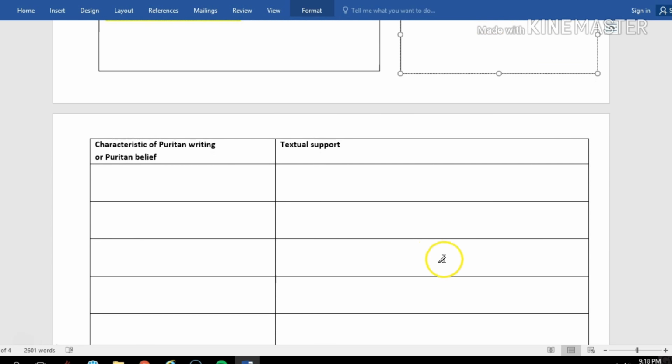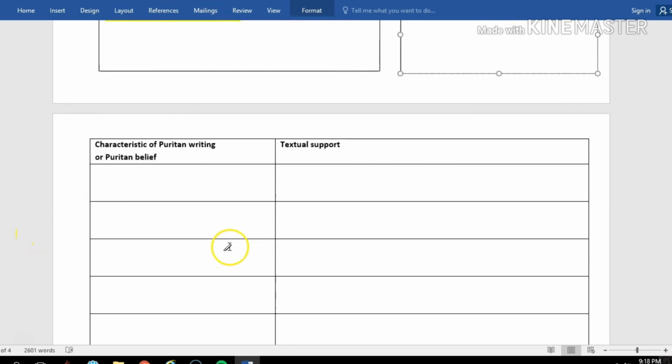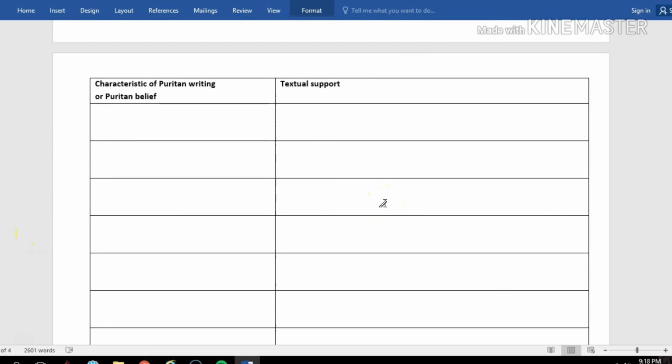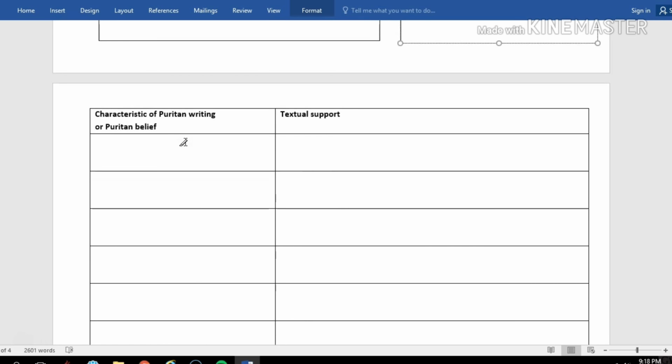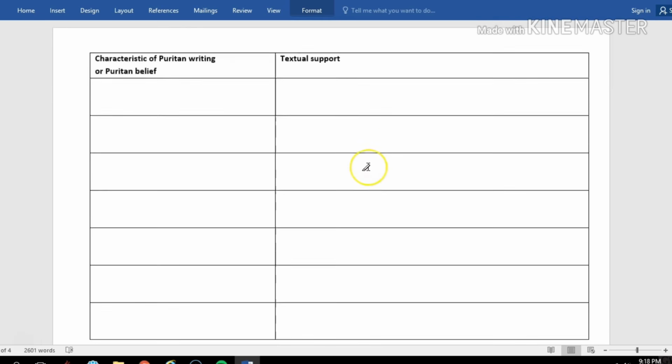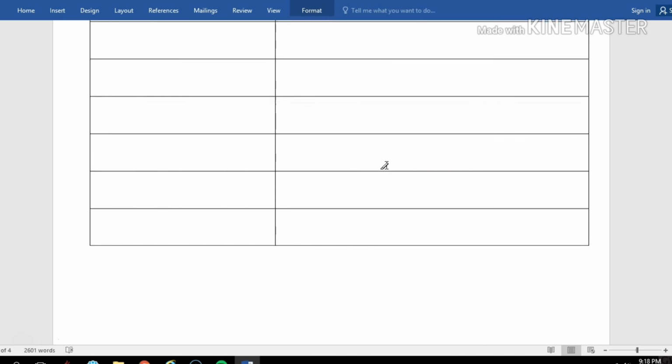The last piece that we need to address is continuing with the question above about the characteristics of Puritan writing and belief and textual support. We have 1, 2, 3, 4, 5, 6, 7 different characteristics that we're looking for and the support to go along with it. Some of them may be able to repeat, but please give me some textual support.